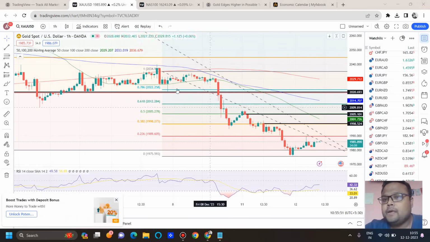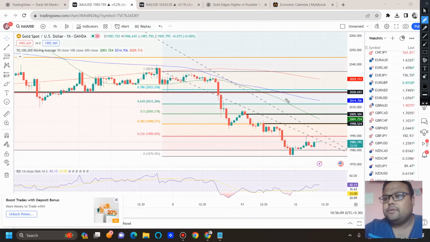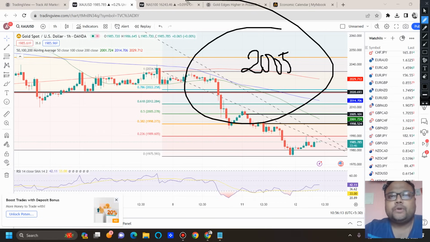Because you can see more or less the market is respecting our Fibo setup here, and here we have the Fibo 38.2% retracement level. Moreover, the previous support will also be acting as resistance here. So 1998 to 2000 is a level where we can look for a sell, and above it we have 2005. So these are the two resistances, or two levels, where we can expect the sellers to be present.